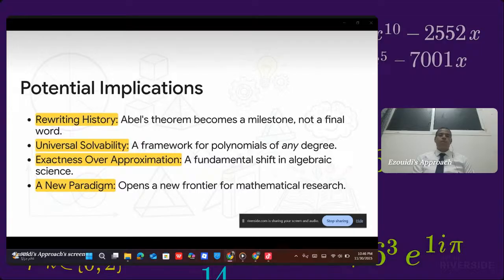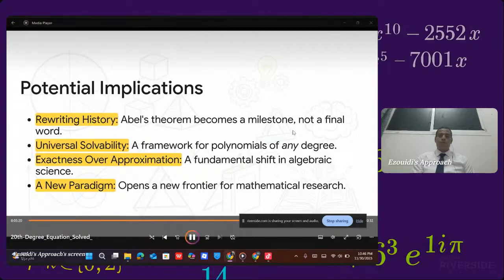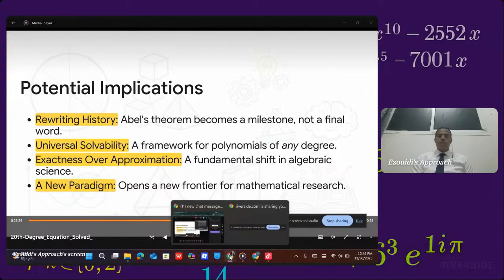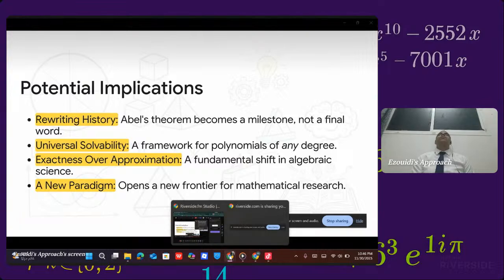Think about fields like cryptography, which literally relies on things being mathematically impossible, or complex physics and engineering models, where absolute precision is everything. This isn't just about rewriting textbooks, it's about unlocking a whole new level of precision for science and technology. Abel's theorem becomes a chapter, not the final word, and a whole new frontier opens up.